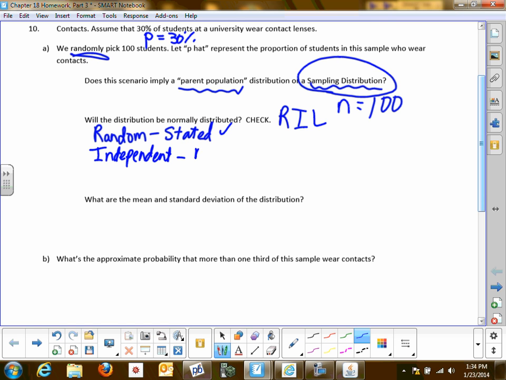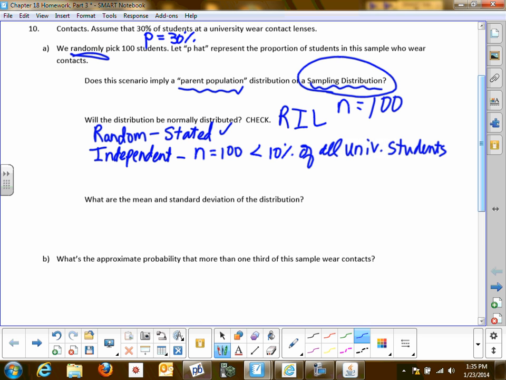We want our sample of 100 to be less than 10% of all university students, at this particular university. So let's think about that for a second. 100 would be 10% of how much? 1,000.